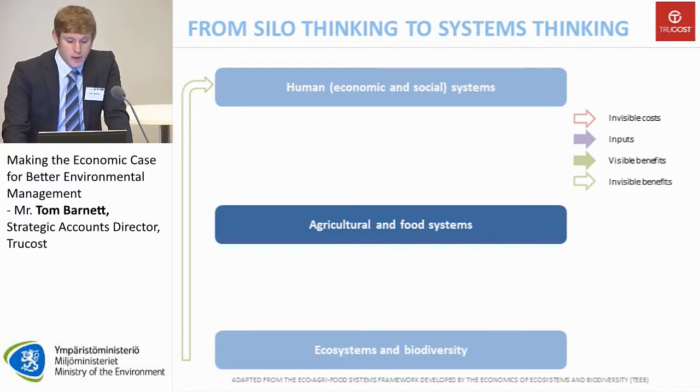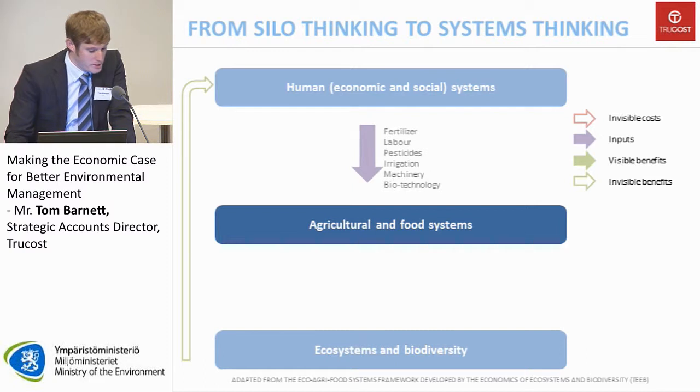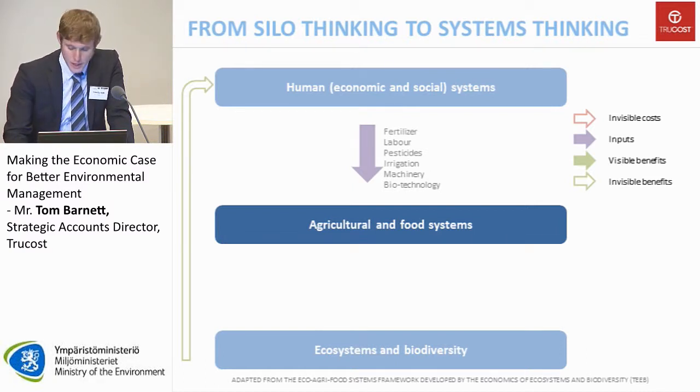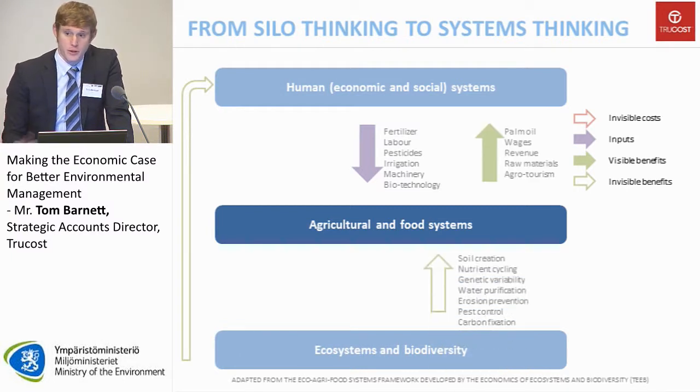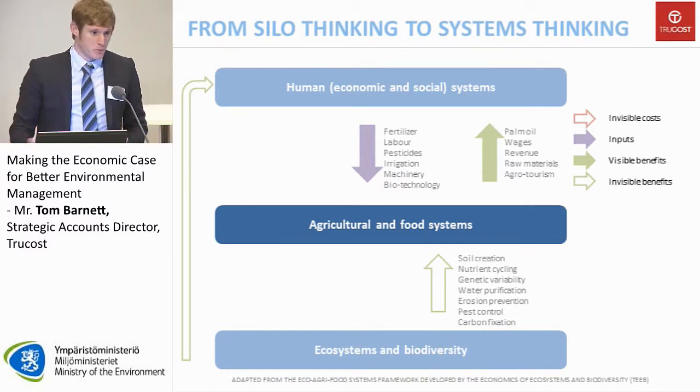So to run through this, obviously agriculture and food production depends on inputs from other sectors, such as fertilizers, fuel, and machinery, as well as relying on ecosystem services such as nutrient cycling and water purification. So these are your invisible values, if you like.